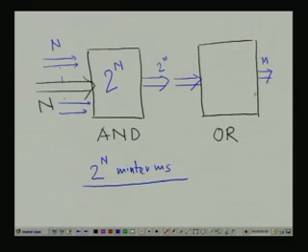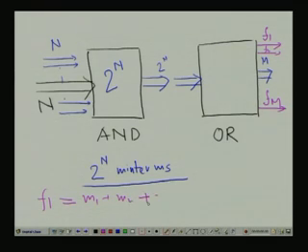That means, if these outputs are my F1, F2, say Fm, then F1 equals some minterms, say M1, M2, like that.